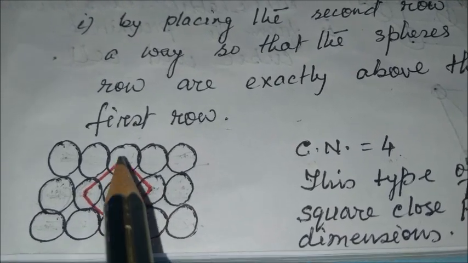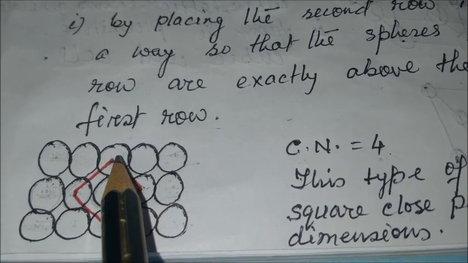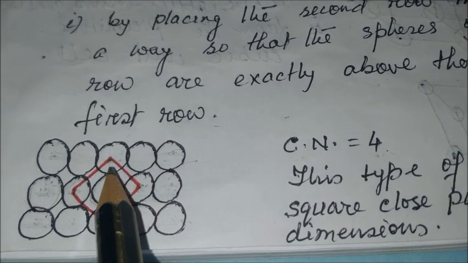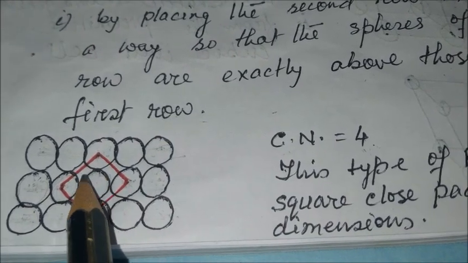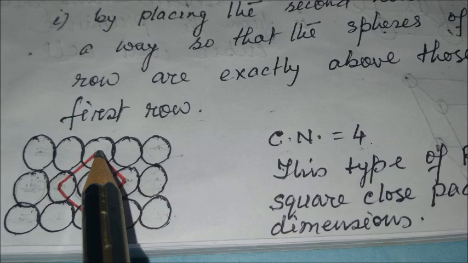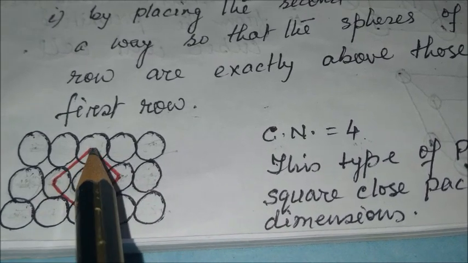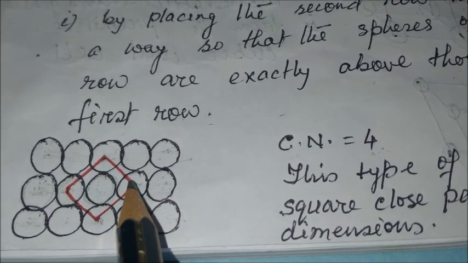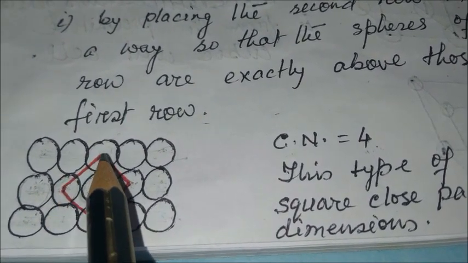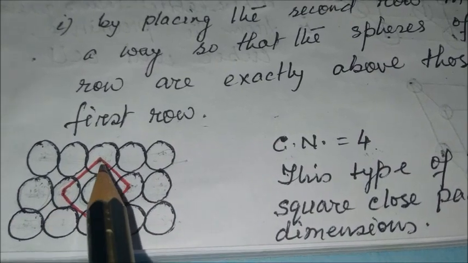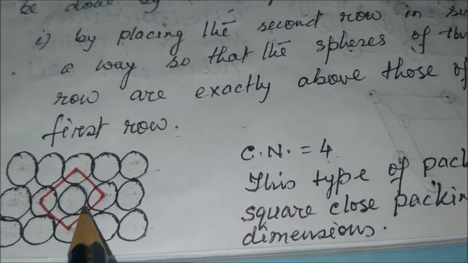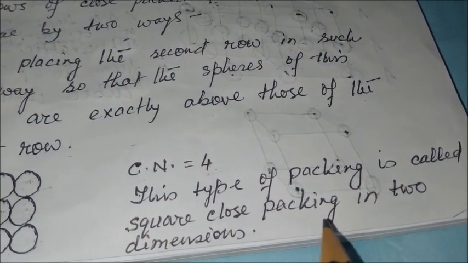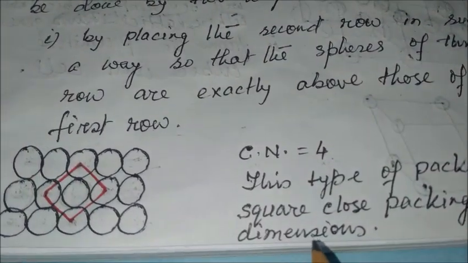In this case these 4 spheres, 1, 2, 3 and this 4, touch this sphere, therefore the coordination number is 4. And now if the centers of these spheres are joined in this way, a square is formed, and therefore this type of packing is called square close packing in two dimensions.